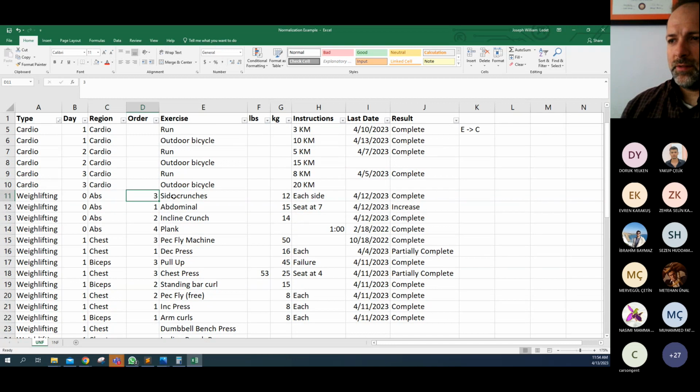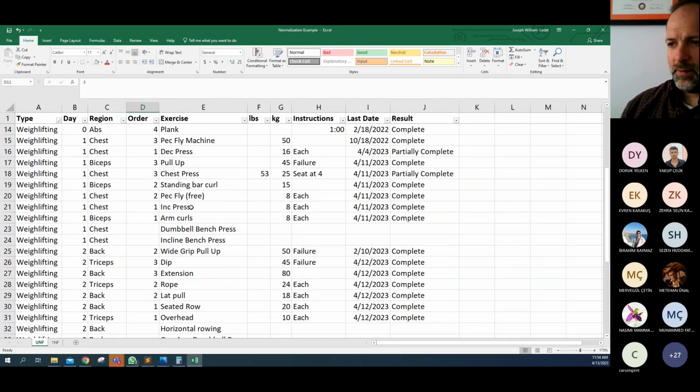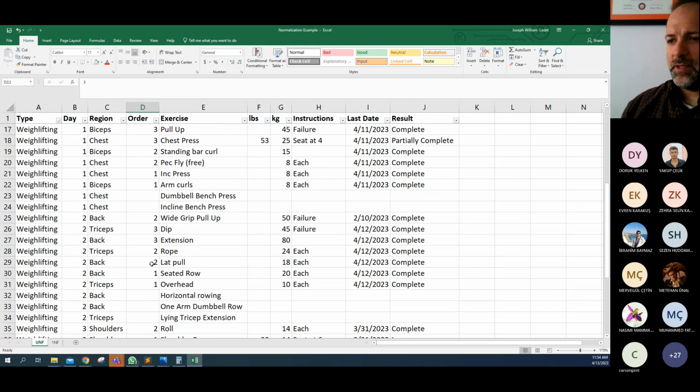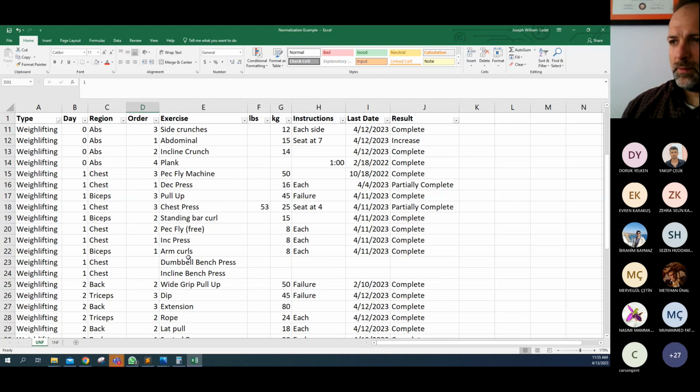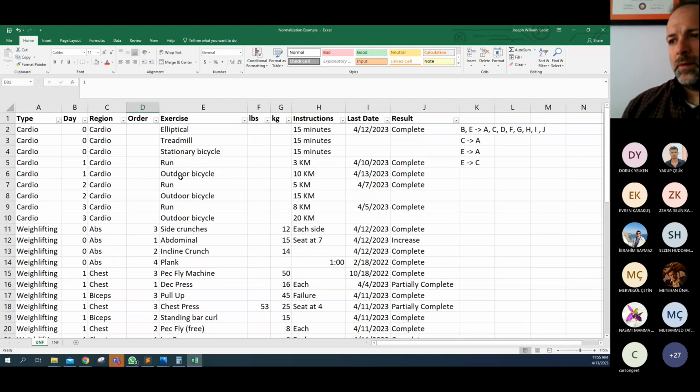It does determine B, doesn't it? I'm sorry, D. Which exercise is which order in the order of how we do it? But is there an example where the same value of E gives a different value of D?